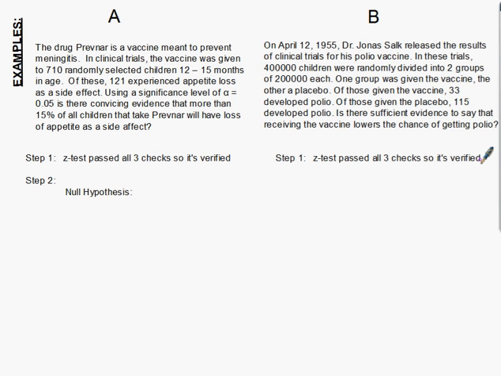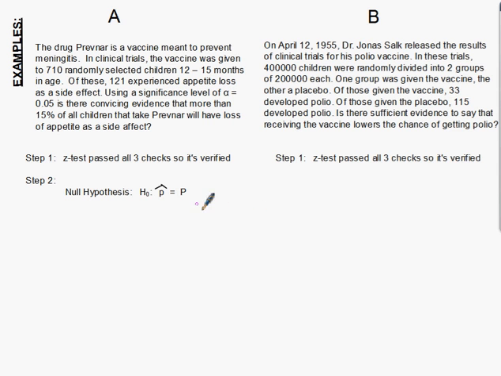So now we have to do what's called the null hypothesis. This is our starting point for all tests of significance. Symbolically, H sub 0 is the null hypothesis, and what this says is that really there is no significant difference.